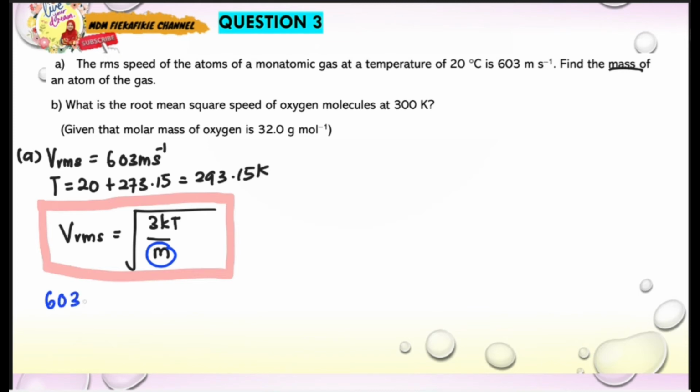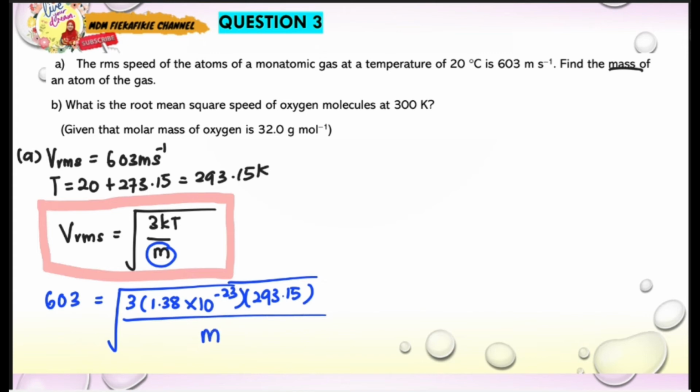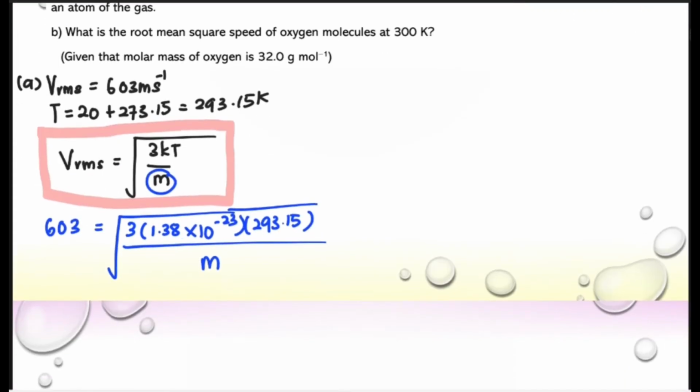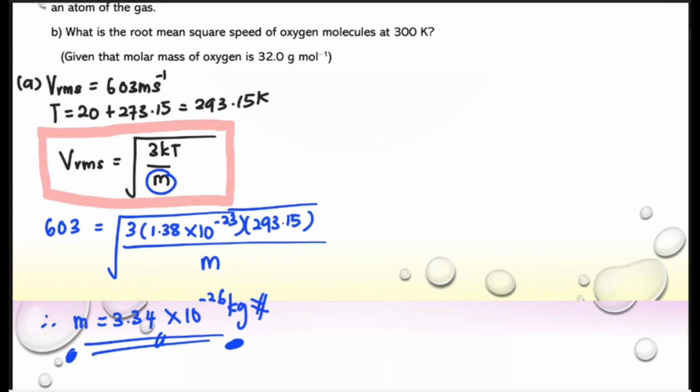So 603 is equal to square root 3k, k kita adalah 1.38 exponent negative 23 and T is 293.15, over m. Alright, so daripada sini we can calculate, therefore m is equal to 3.34 times 10 power of negative 26 kg. Okay, so this is the answer.